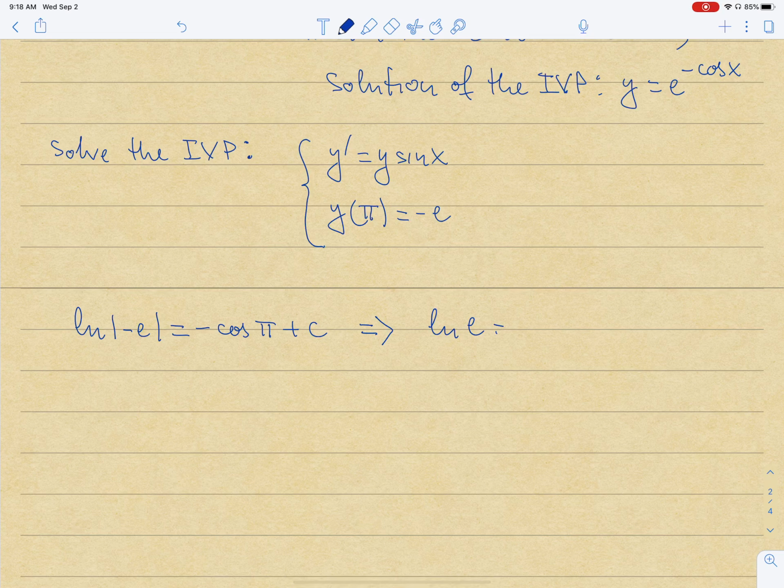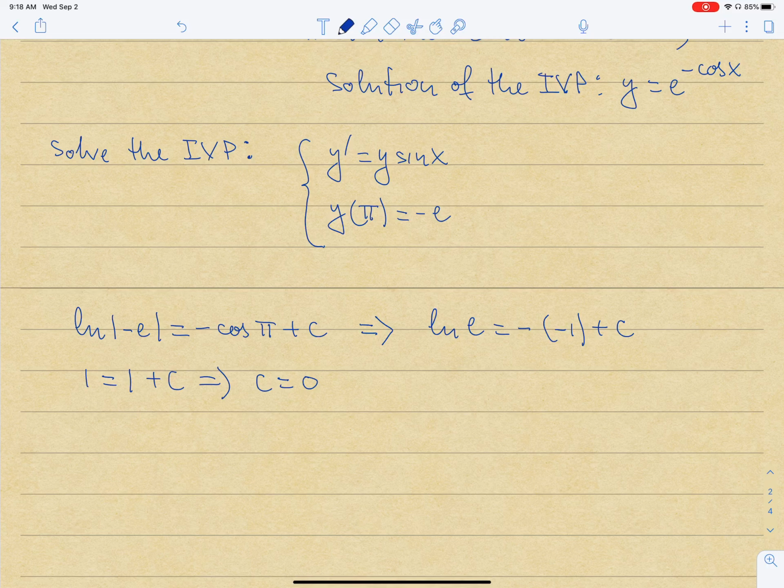Ln of e is minus cosine of pi. Cosine of pi is minus 1, so minus minus 1 plus c. And so that means ln of e is 1. Minus minus 1 is 1 plus c. So, c is equal to 0.